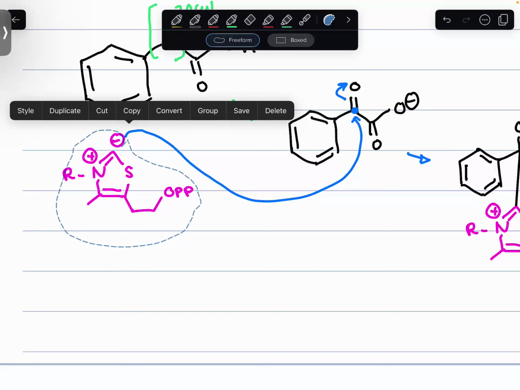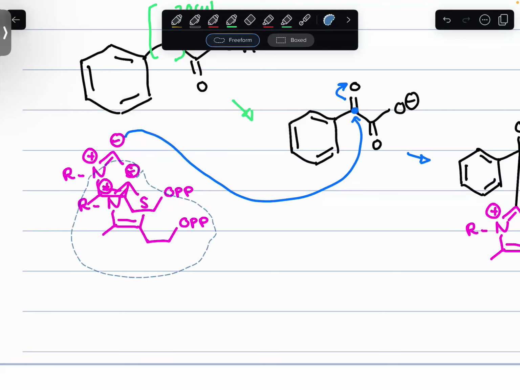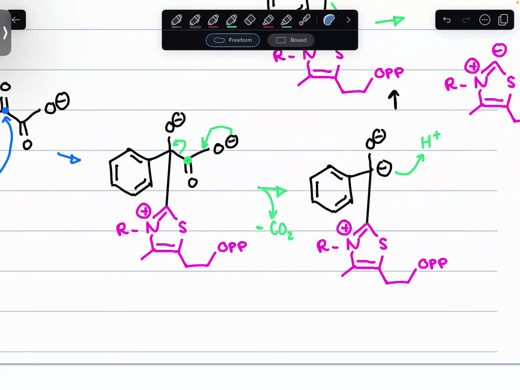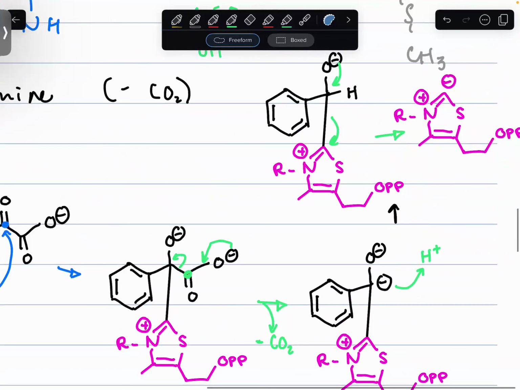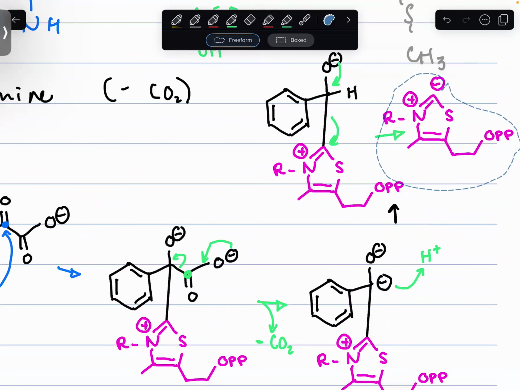Who remembers what a zwitterion is? I remember the last time you said it. It's a positive and a negative. So a zwitterion is a molecule that has both a positive charge and a negative charge all in one. You can have amino acids in zwitterionic forms where the amine is protonated and the carboxylic acid is deprotonated, so you have a minus on one side and a plus on the other.